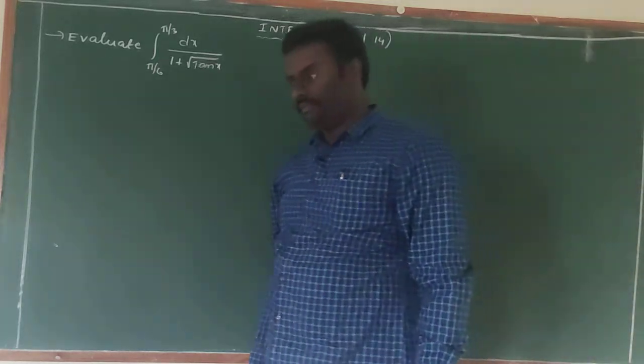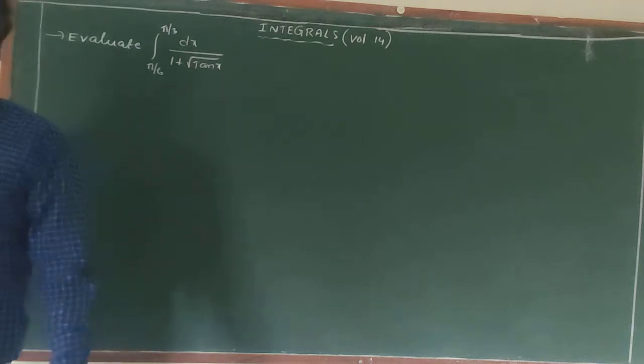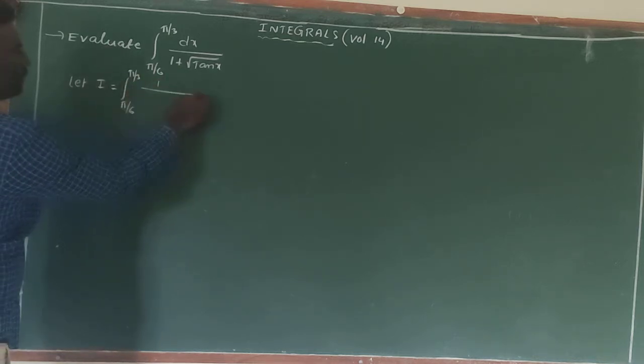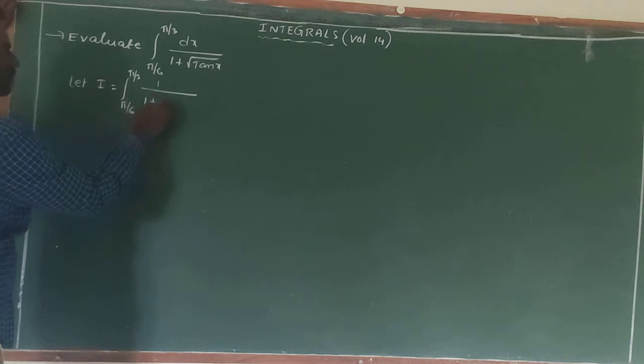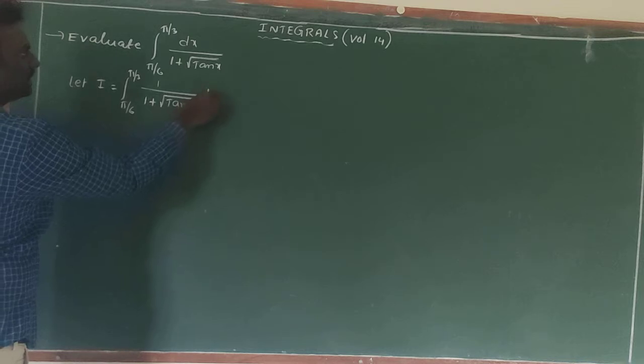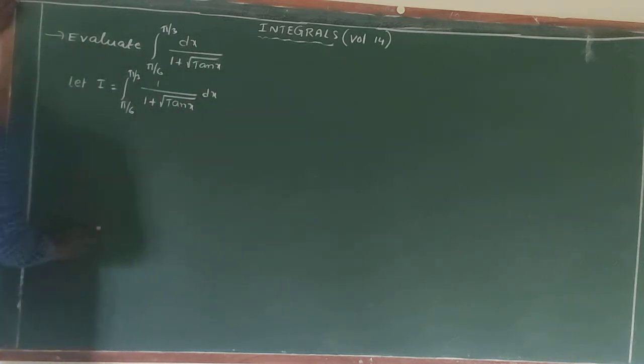Okay, let us see how to find this value. First, I am taking the given integration as I, integral pi by 6 to pi by 3, 1 by 1 plus root tan x dx. Now here I am using one property. What is that property?